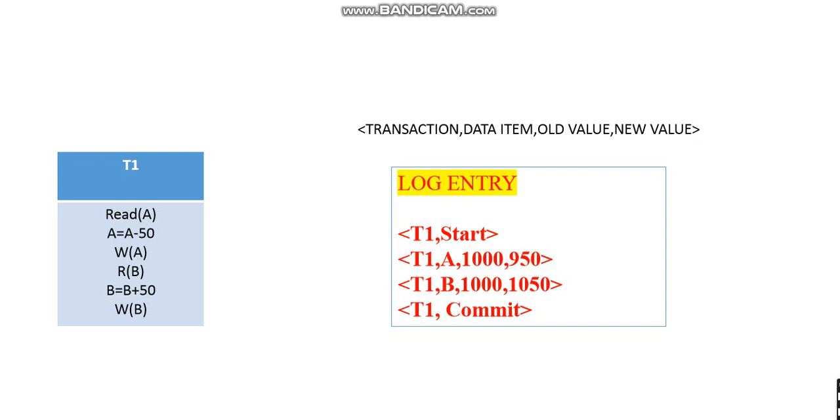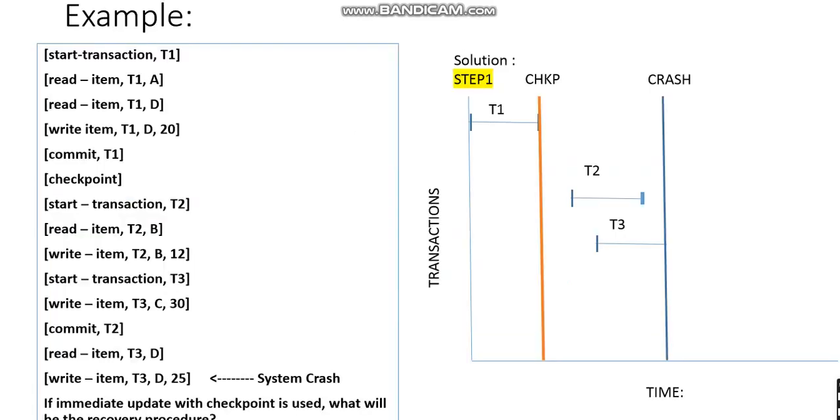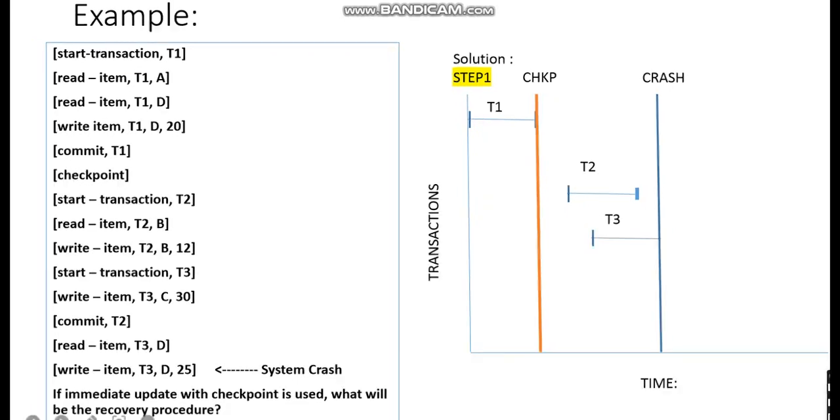Now let's go ahead and see the example. Here you can see the example I have taken. A system is performing so many operations, and it has transactions like T1, T2, T3, and these transactions are performing certain operations.